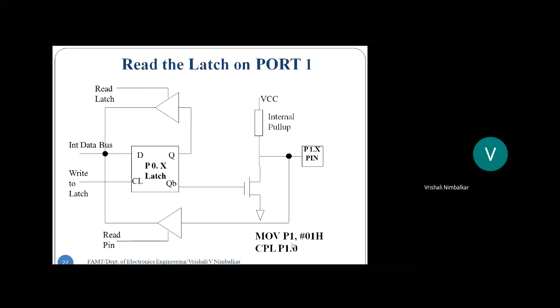So now before writing complement, we should initialize port P1.0 as input. So the first thing to be done is MOV P1, #01 hex. That is initialization. P1.0 will act as an input. The remaining pins we are not disturbing.